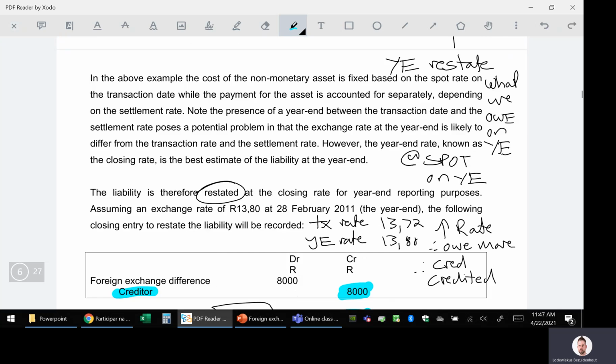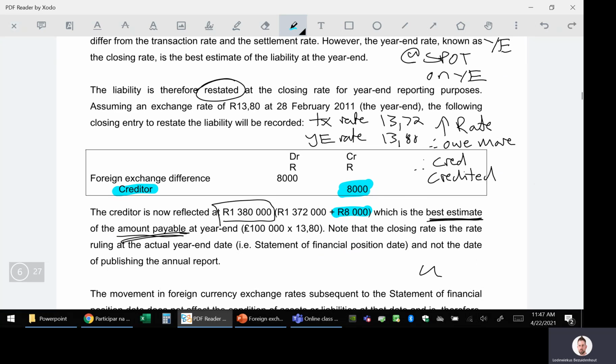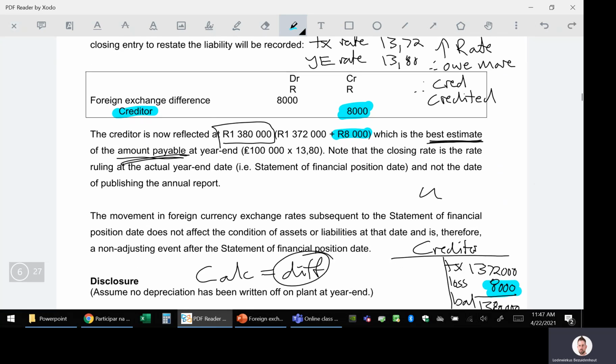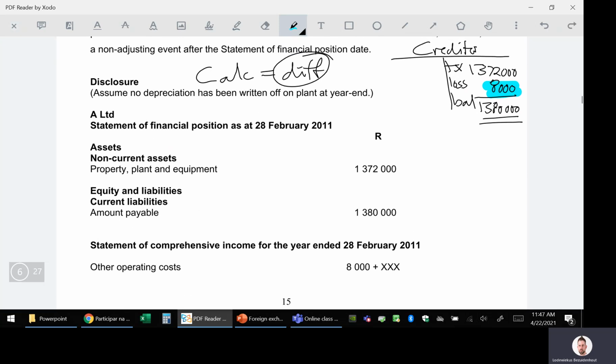But then the question goes on to say, if we didn't pay before year end, then we would have to restate at year end. And that's where we are now. Then we have amount payable, current liabilities, 1380, because that is the restated value of the creditor.